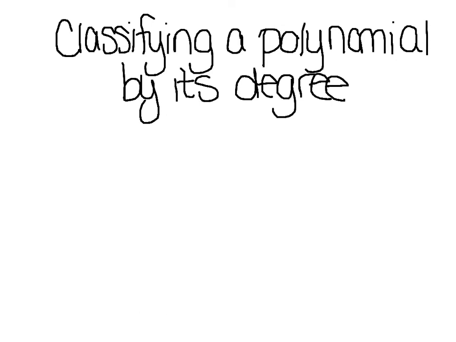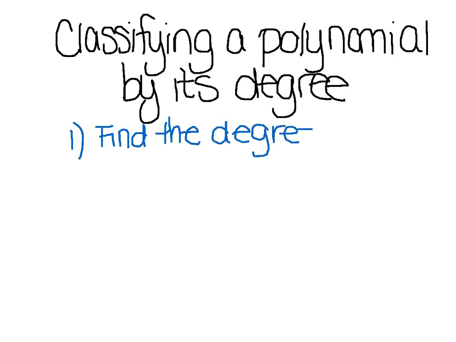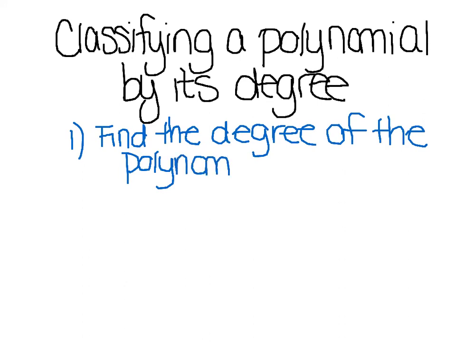The last thing we're going to cover in this lesson is classifying a polynomial by its degree. So the first thing you have to do is find the degree of the polynomial. Remember, you have to add up the exponents of each monomial. Add up the degrees of each monomial and then take the highest degree, and that's the degree of the polynomial.